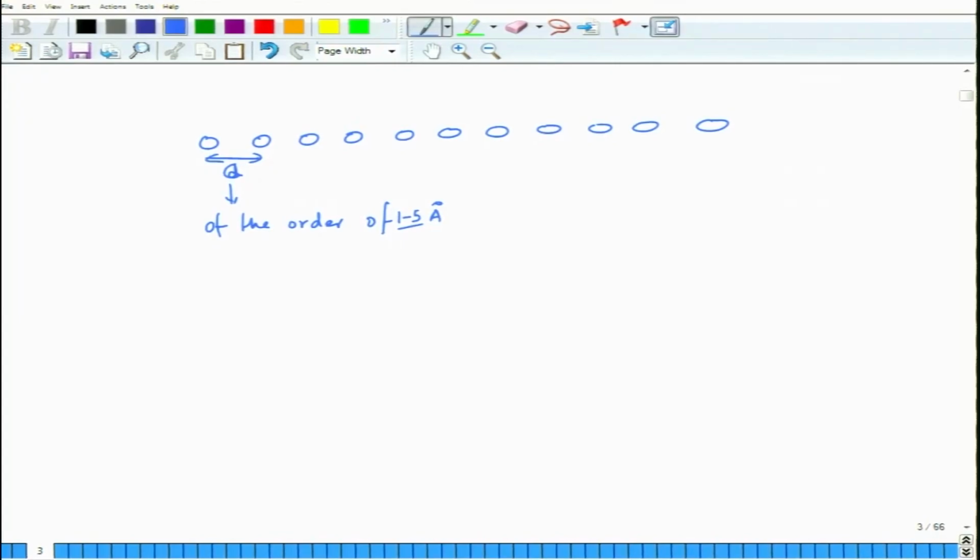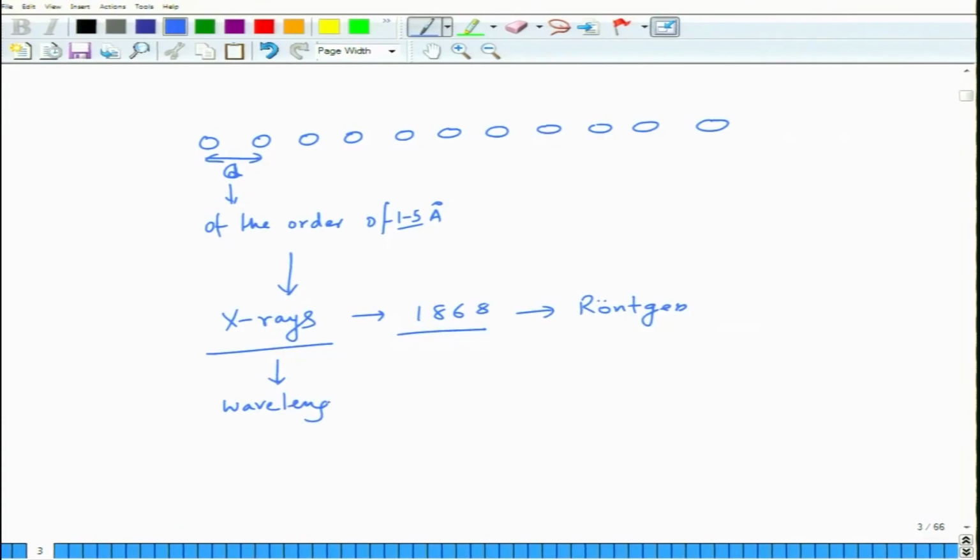This was answered only when X-rays were discovered, by the German scientist Roentgen, who first discovered X-rays in 1868 (the year as stated in the lecture). X-rays had a wavelength of the order of the lattice spacing.